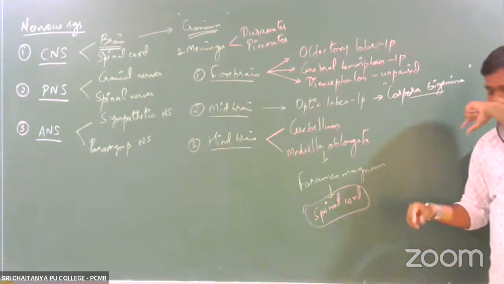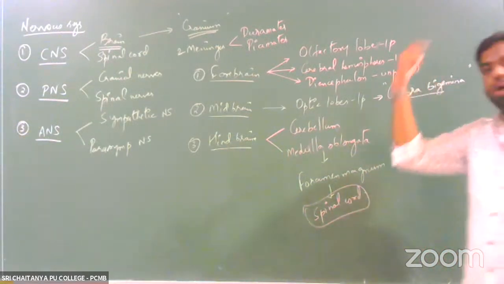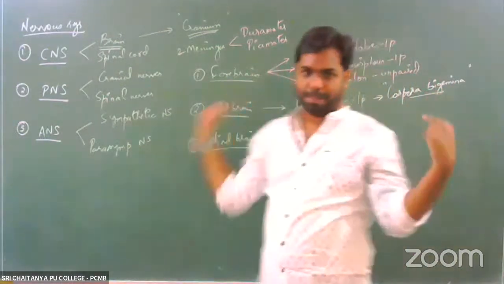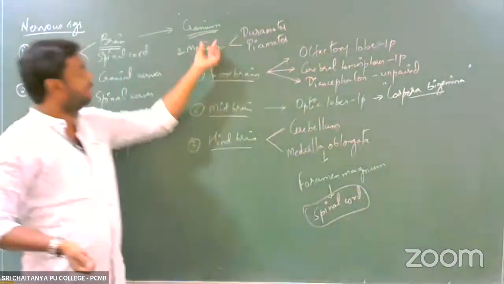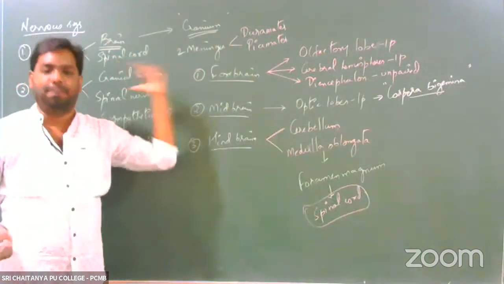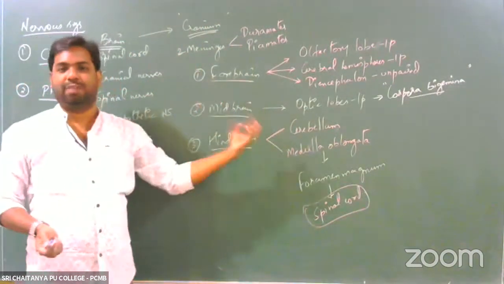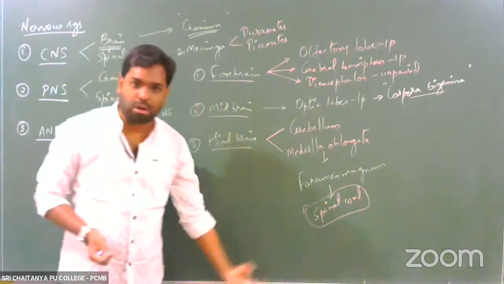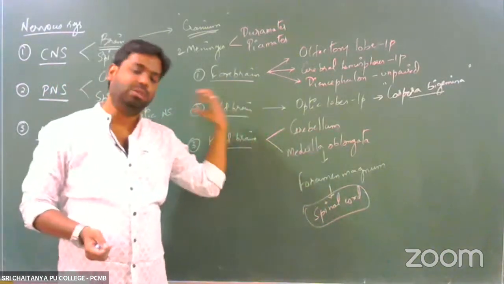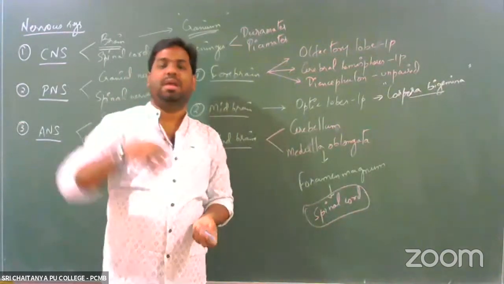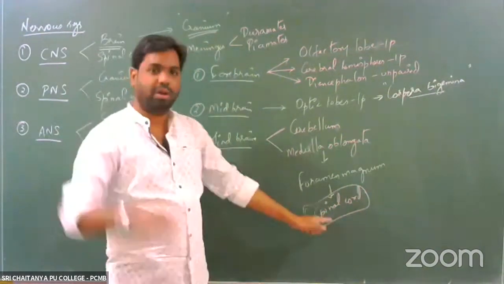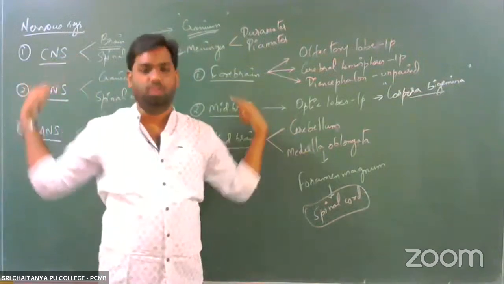Talking about the spinal cord again. The spinal cord is a long tubular structure which runs throughout the backbone. It is encapsulated, just like how the cranium covers the entire brain. The spinal cord is covered by the vertebral column, which we also call the backbone. Inside the backbone there is a cavity, and inside the cavity the spinal cord runs from the neck region throughout the back.